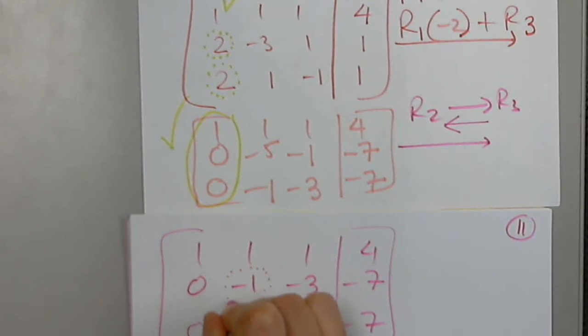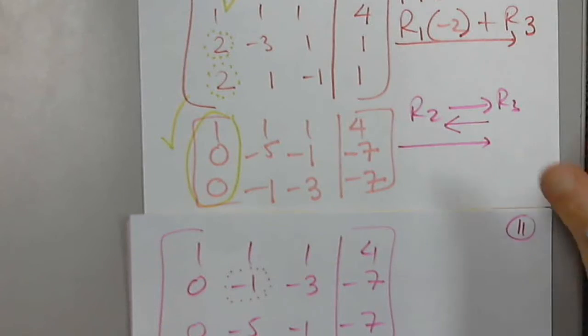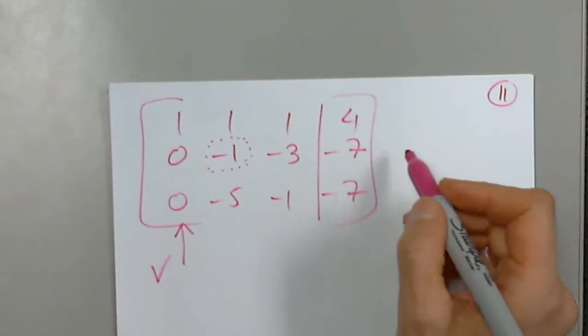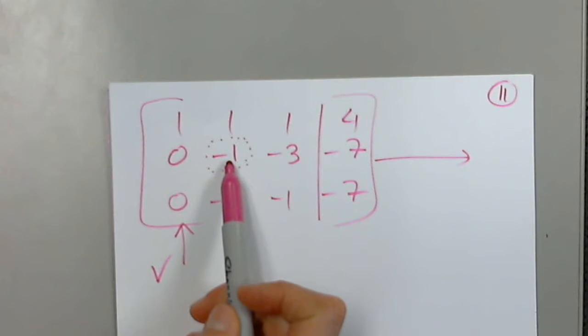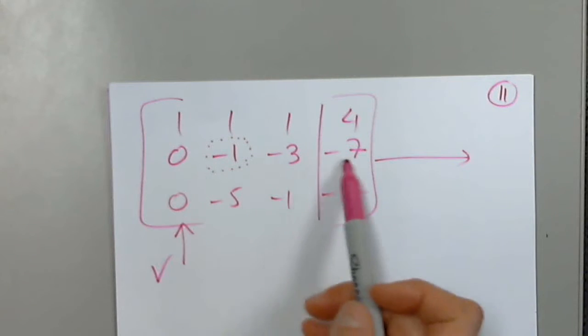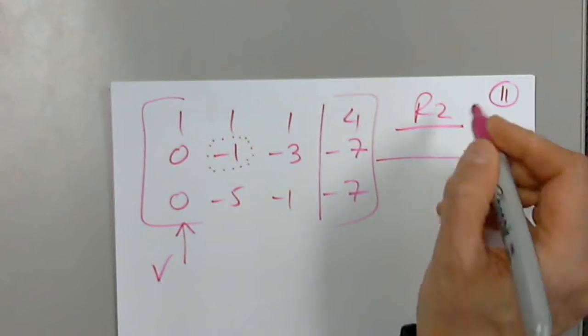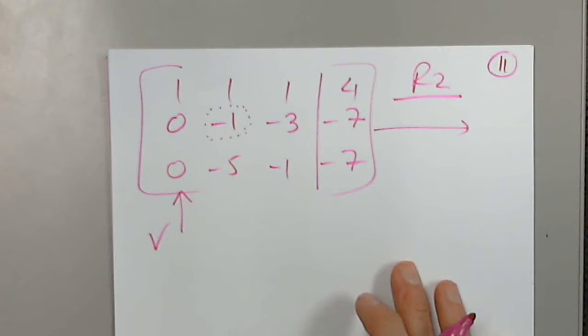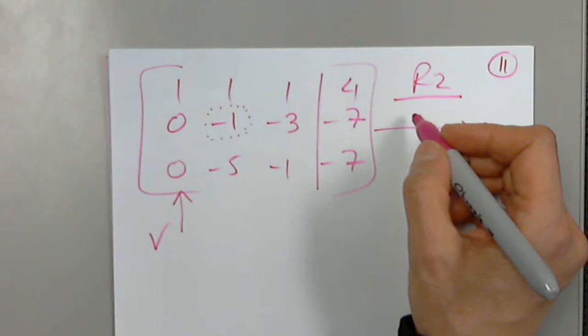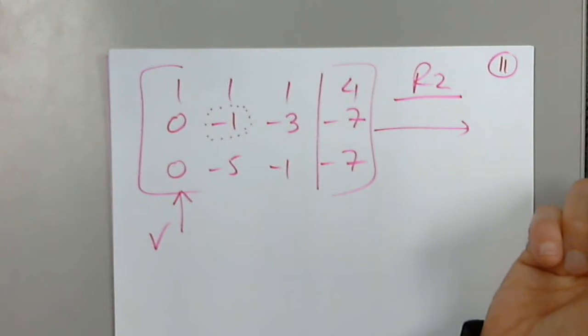I want a 1 in here. I can't use -1. I could, but we really want a 1 in there. So how do I get a 1 in here? Divide row 2 by... say it louder.